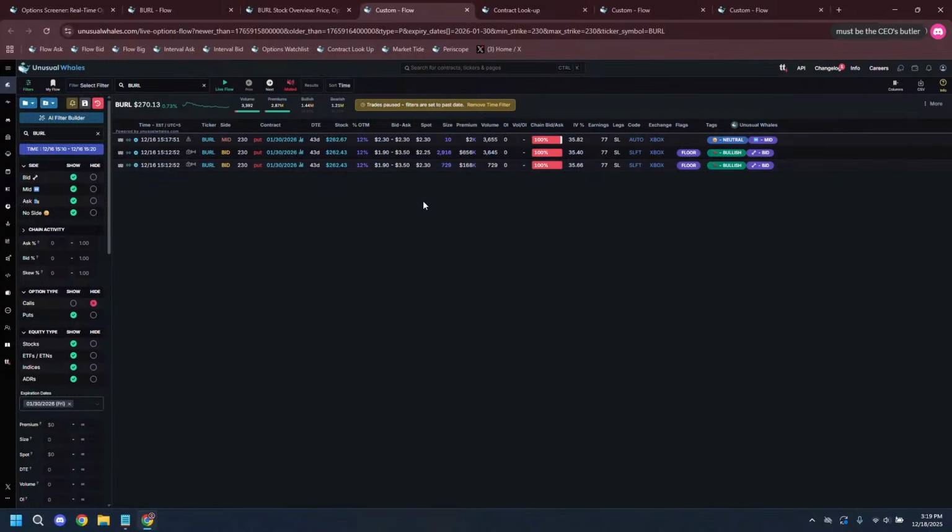Here's an example of some interesting tape. You can see that these are both their executions. They took place at 3:12:52 p.m. Eastern two days ago. The spread is quite wide, but the fill drops, which has me thinking that it's a short put.